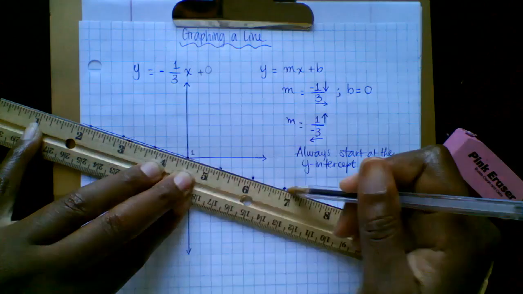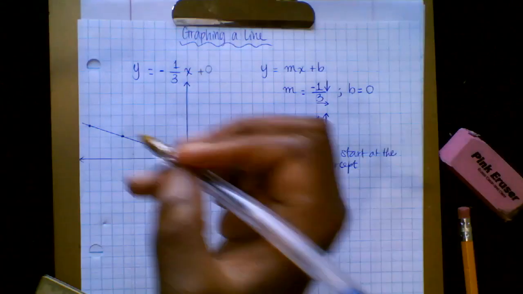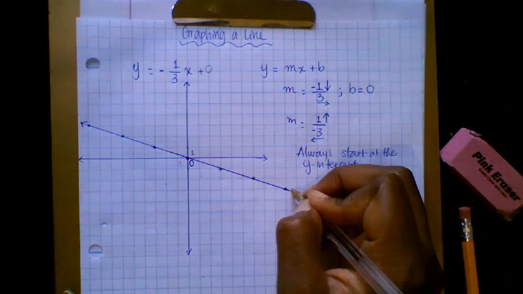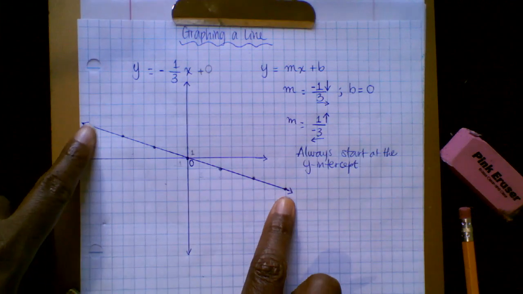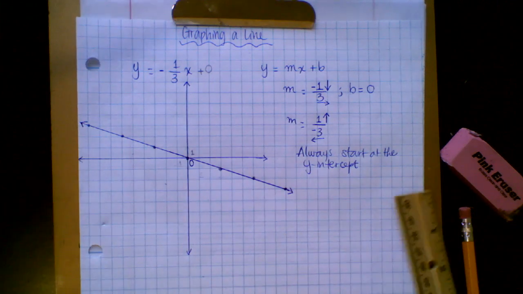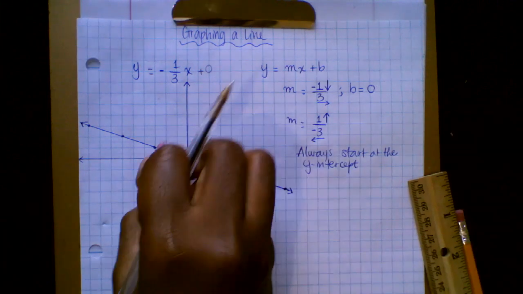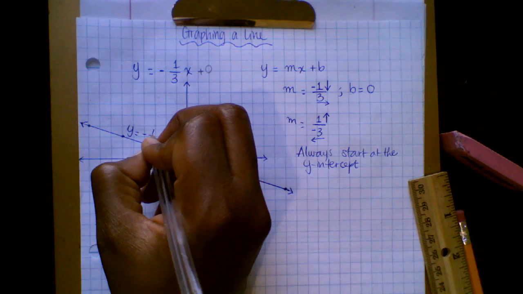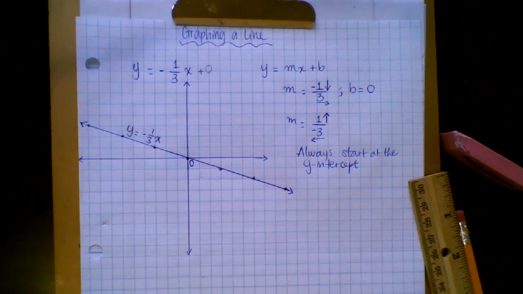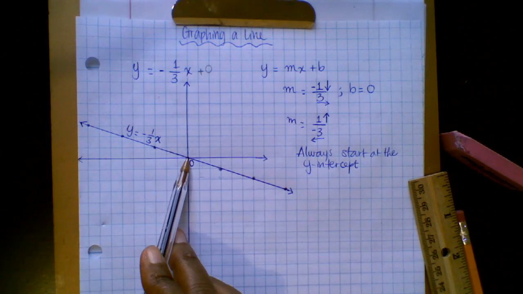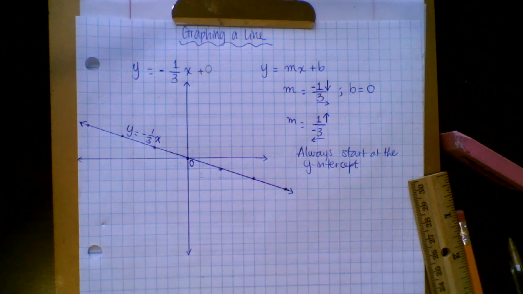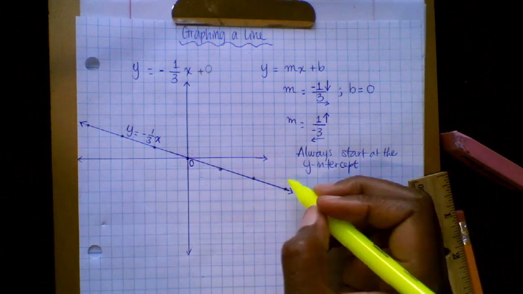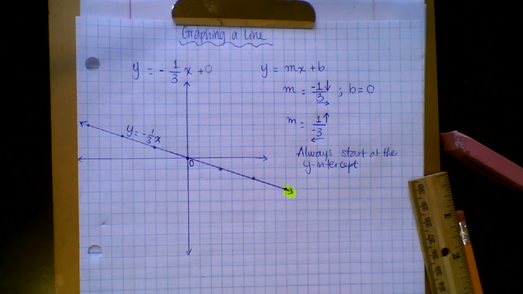Always include the arrows on the ends of a line, because the line continues forever on either end. And we are done building the line y equals -1/3 of x. The line passes through the origin, and as the x value gets bigger and bigger, the line is going down, so I know that the slope is negative.